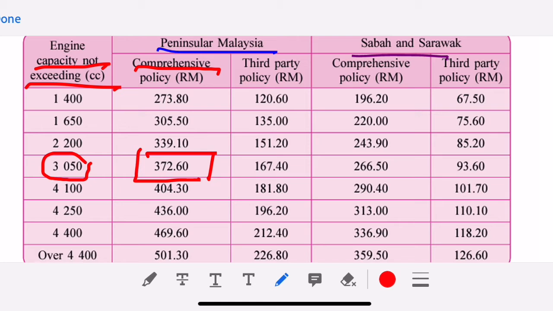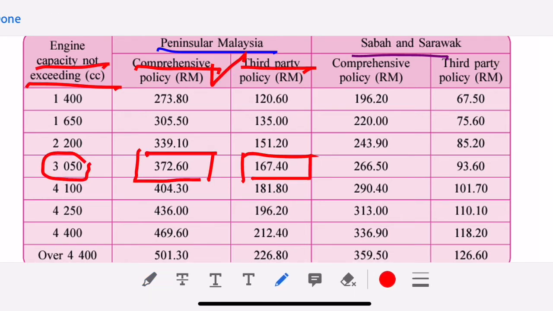If we want to calculate for the third party policy, then we have to take this one. So it depends on which type of policy. Now we will refer to the comprehensive, then we'll do the calculation.